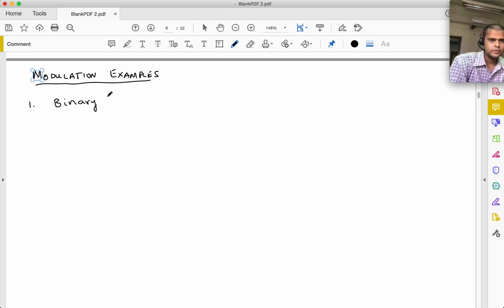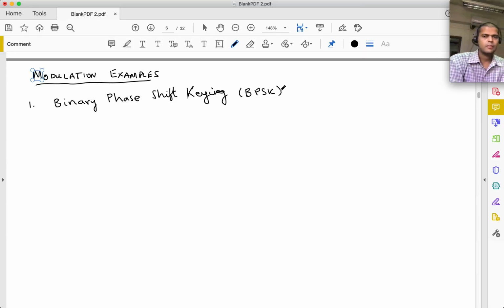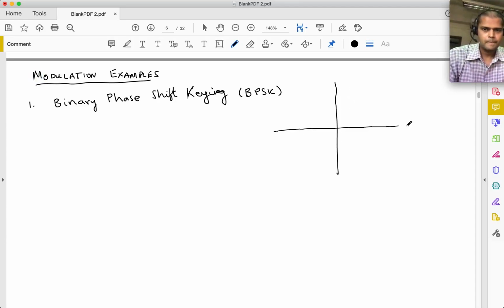Binary phase shift key. Here the signal constellation that you are sending out just looks like this.